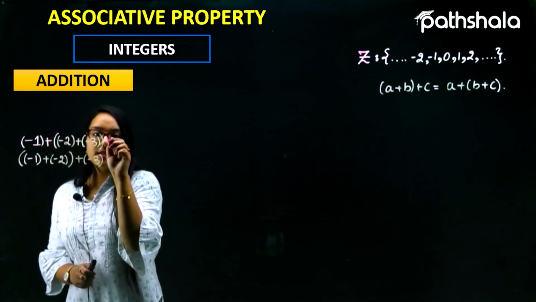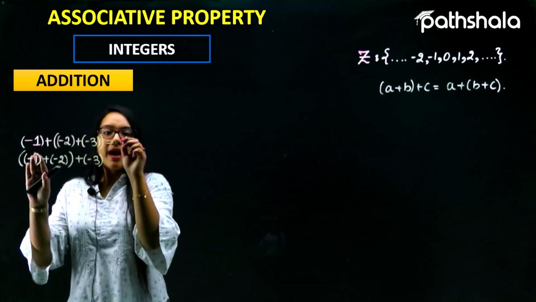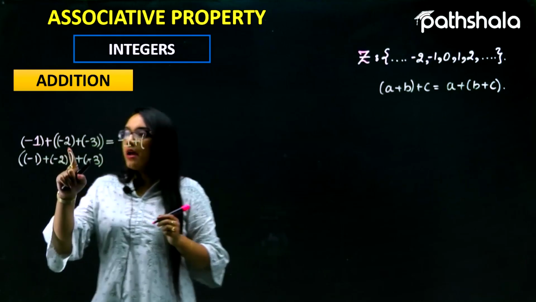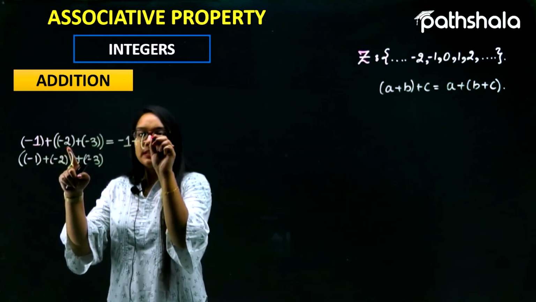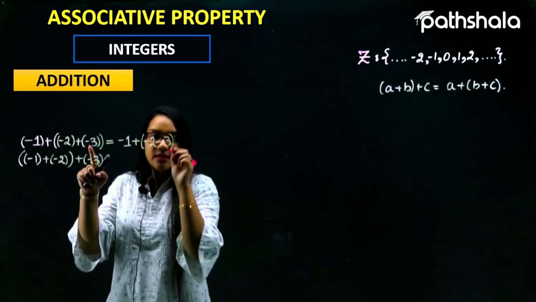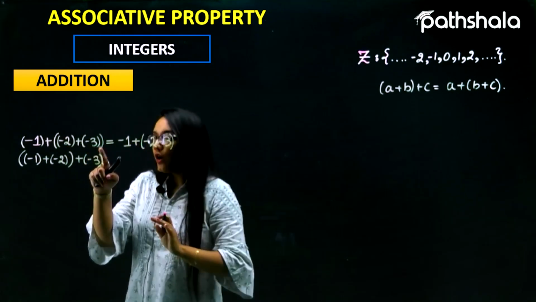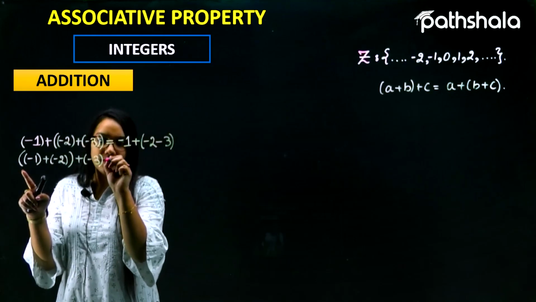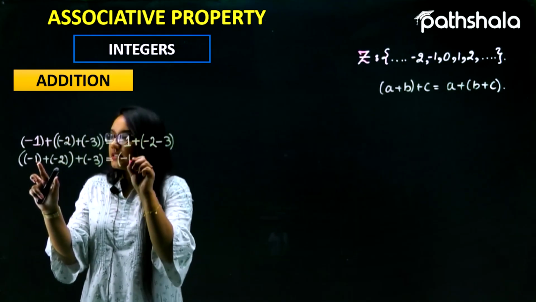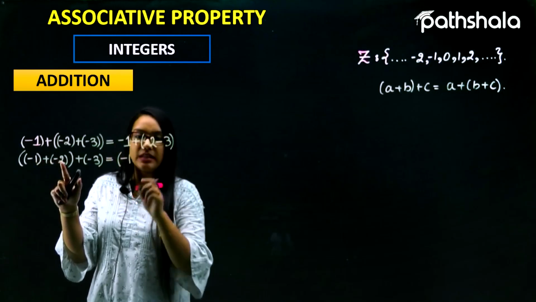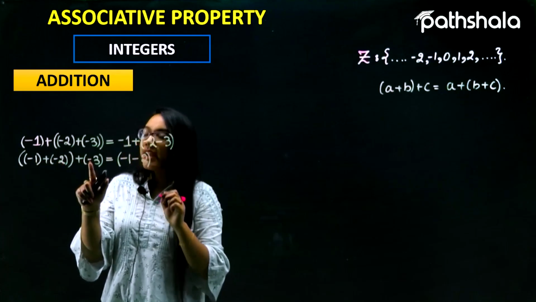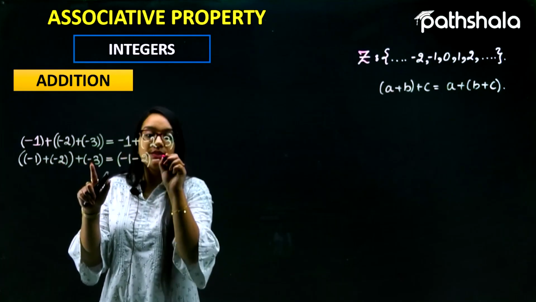For the first one, -1 will remain the same, plus we'll solve the bracket: -2 plus -3, so the answer will be -2 -3. For the second case, we'll solve the bracket as -1 plus -2, which is minus of 3.